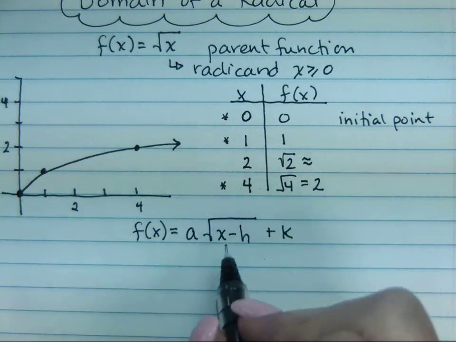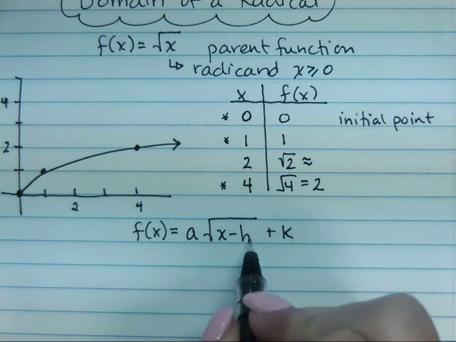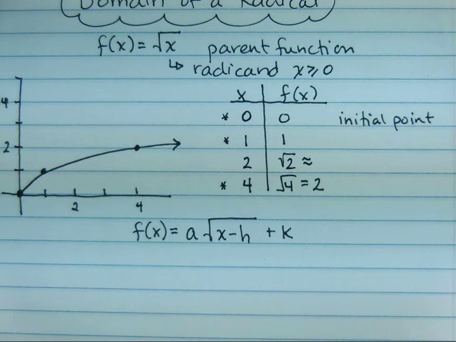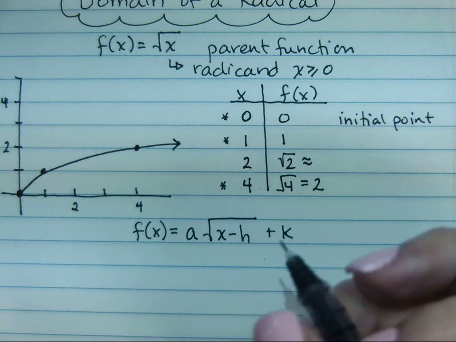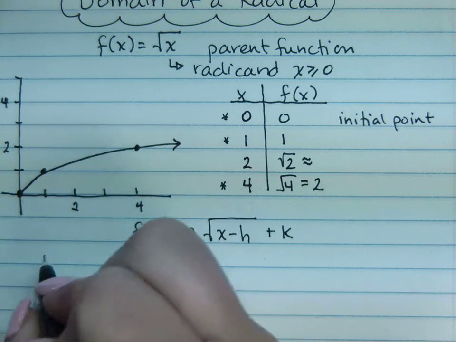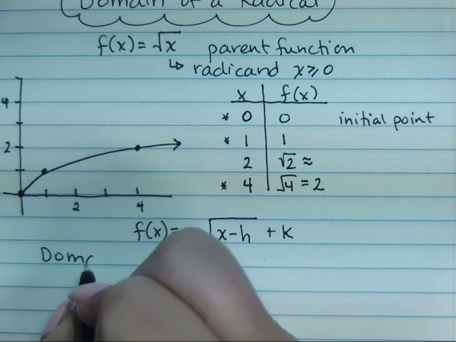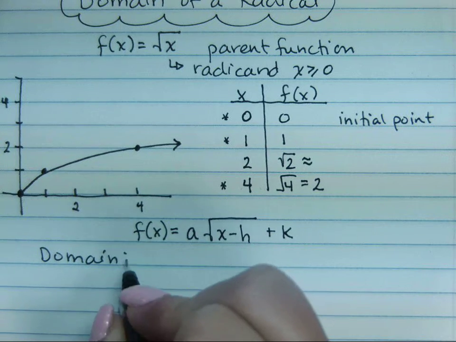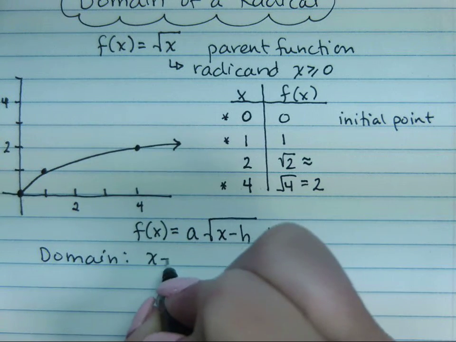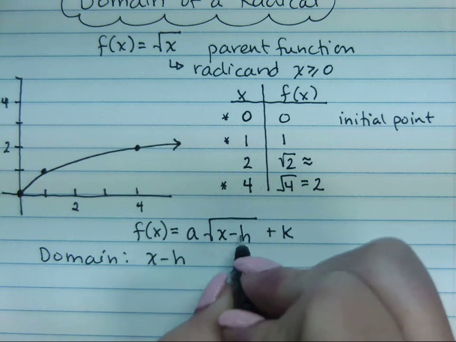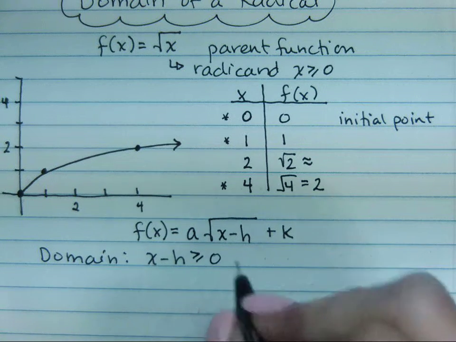But I have to think about this x minus h because that's the radicand. And so when we are looking at our domain, our domain is going to be any values where x minus h, or whatever the expression is, is greater than or equal to 0.